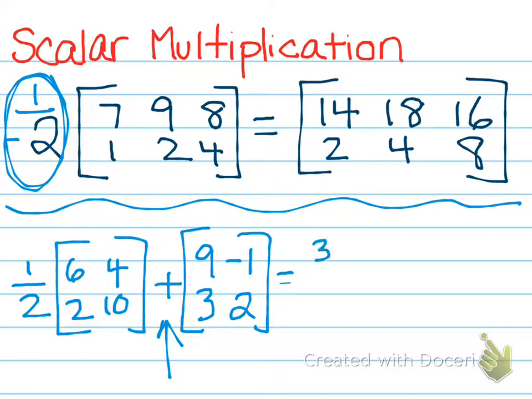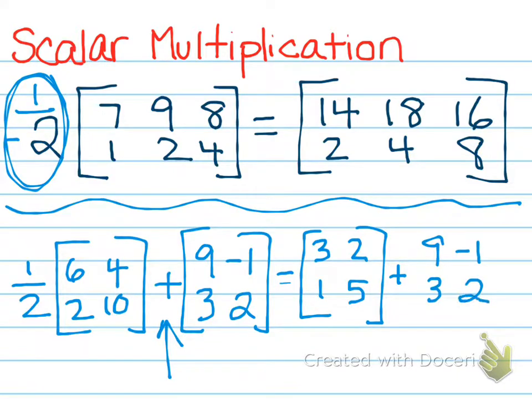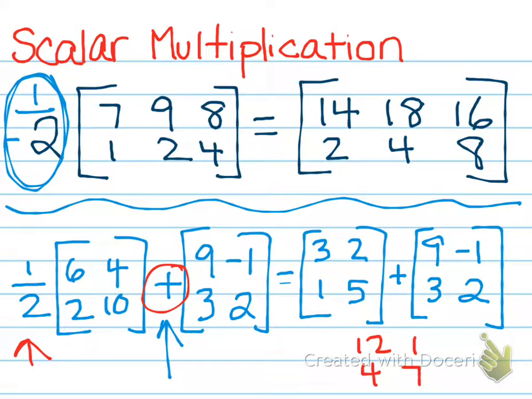So we would get 3, 1, 2, and 5. And then we would add this to 9, -1, 3, and 2. So just like solving equations and combining like terms, we need to follow PEMDAS. So we would multiply first, and then we would add second. And our final solution would be 12, 1, 4, 7.